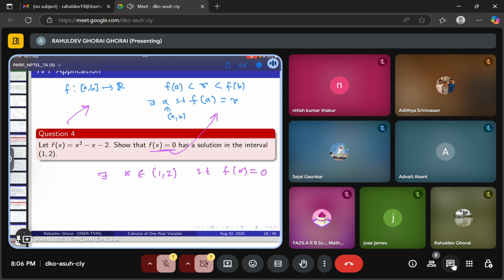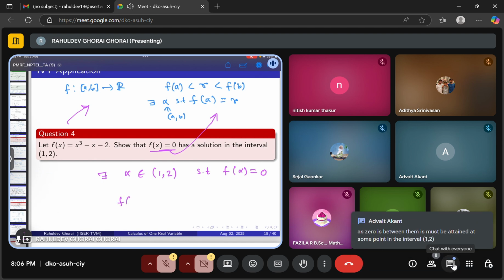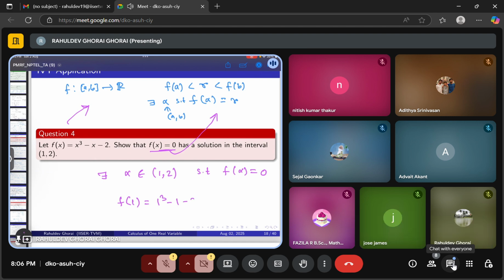Good, I think he did it, as he sent in the message box, and everyone can check also. Also see what we are doing here. What is f(1)? f(1) is 1 cube minus 1 minus 2, which is minus 2.